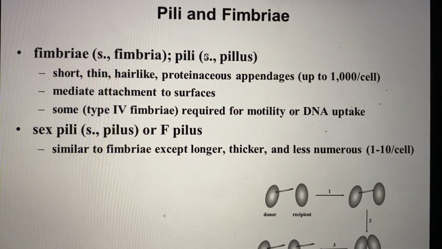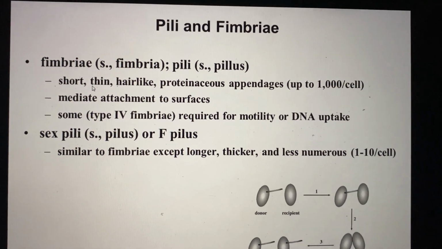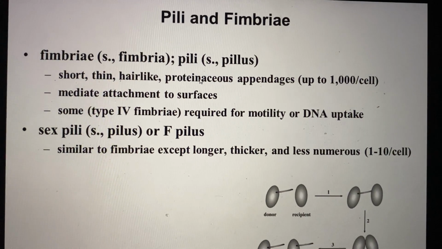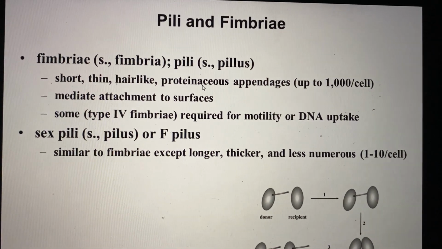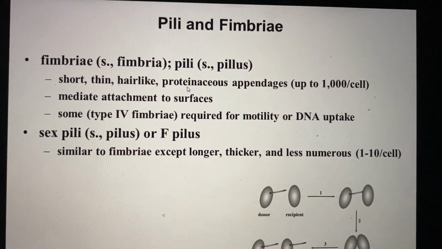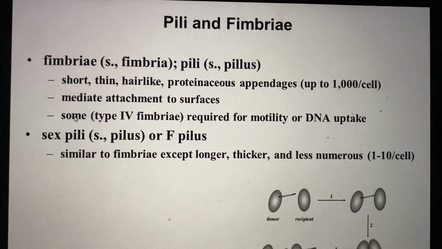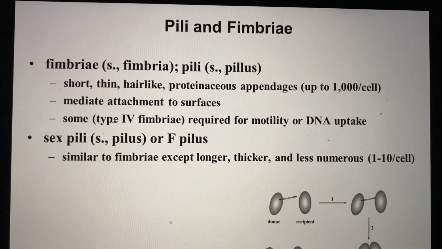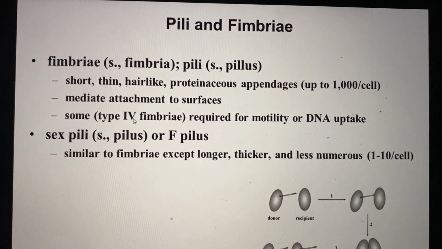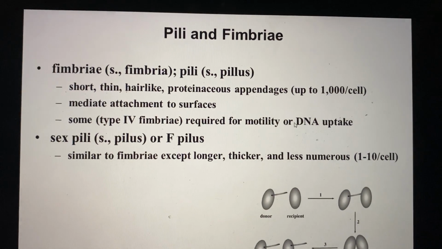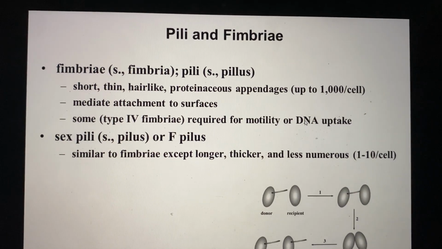Whilst the regular pili and the fimbriae, they may be short or thin, hair-like. They are proteinaceous. That means they are composed of proteins, and they mediate attachment to surfaces. There is a special type of fimbriae, which we will discuss later, type 4 fimbriae, which is required not only for motility, but also to be able to take up the DNA.